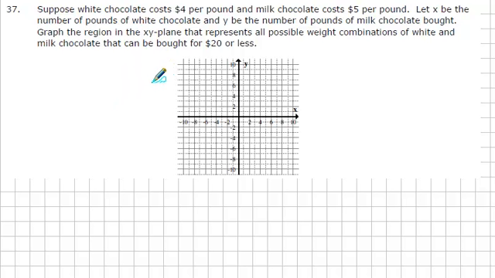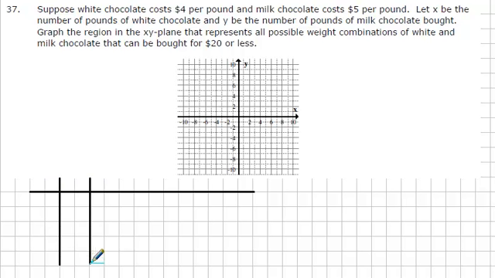Let's first of all try to get a grasp of what the problem is asking for. Let's make a table of values. In our first column, we'll put a value of x.